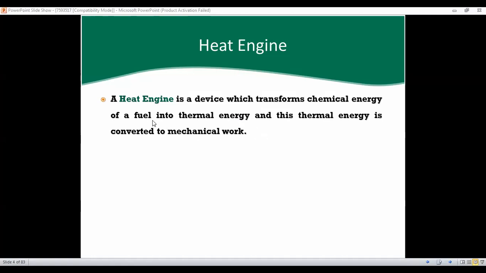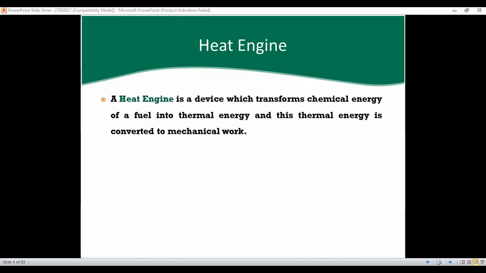So what is the heat engine? A heat engine is a device which transforms the chemical energy of a fuel into thermal energy, and this thermal energy is again converted to mechanical energy. So there are three conversions. The first conversion transforms the chemical energy of the fuel into thermal energy, and that thermal energy is converted to mechanical energy as useful work.